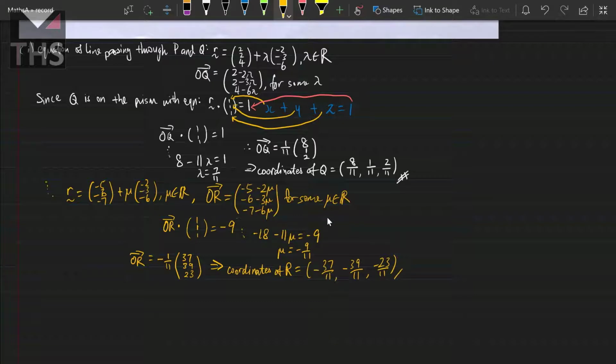I know these numbers look ugly, some weird fractions and so on, but they wanted exact, so just give it to them.